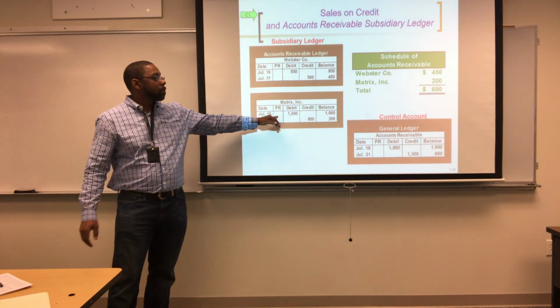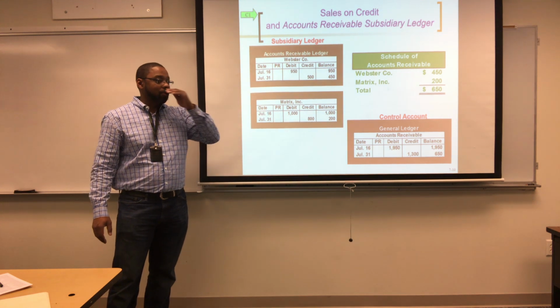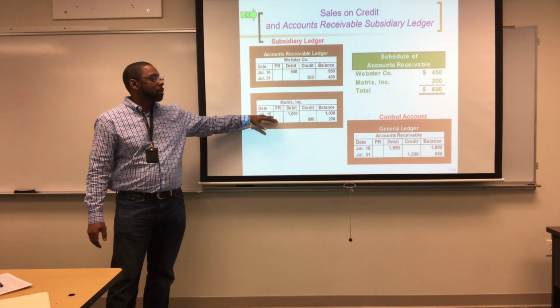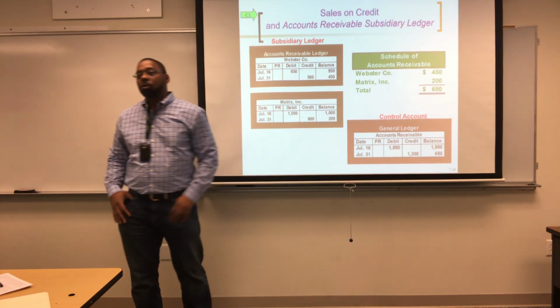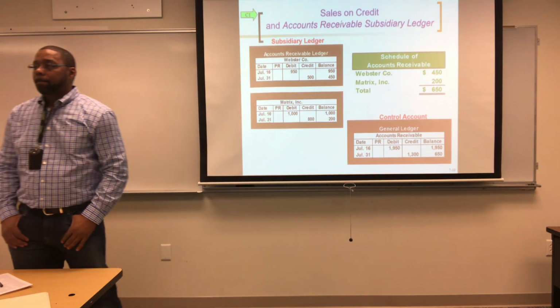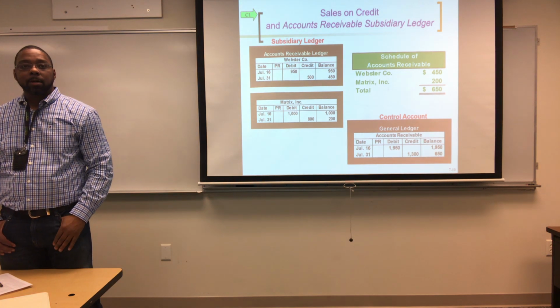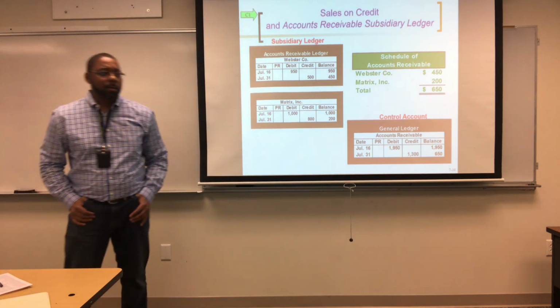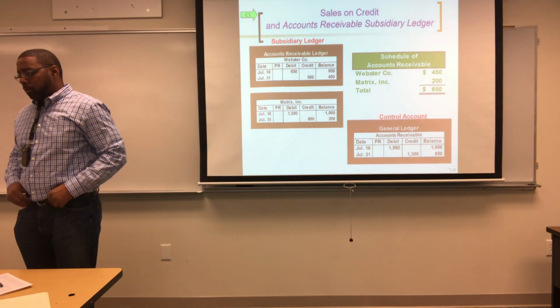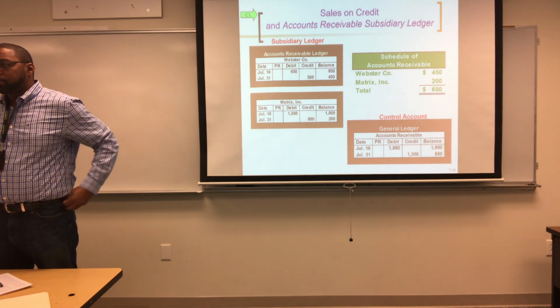Matrix bought $1,000 worth of material on July 16th. On July 31st, they paid $800, so they owe $200. Everyone understand? It's pretty straightforward. Nothing in this chapter will be complicated. Most of it in its entirety is very straightforward.